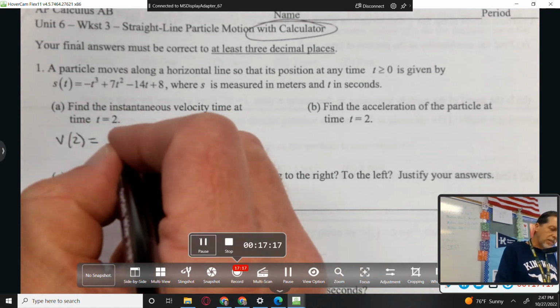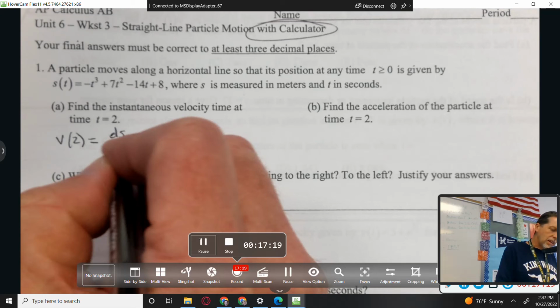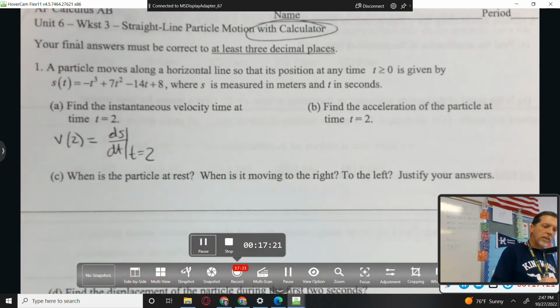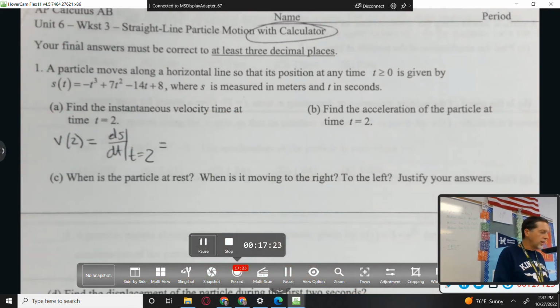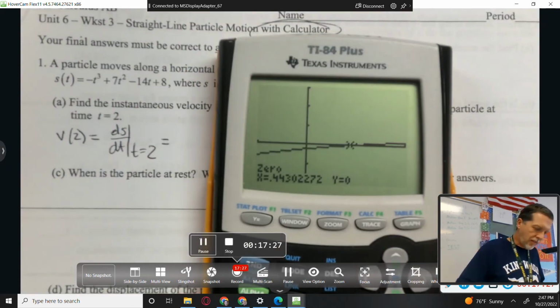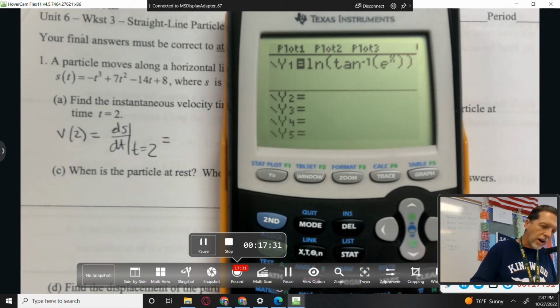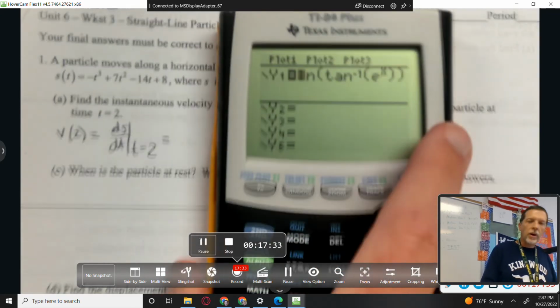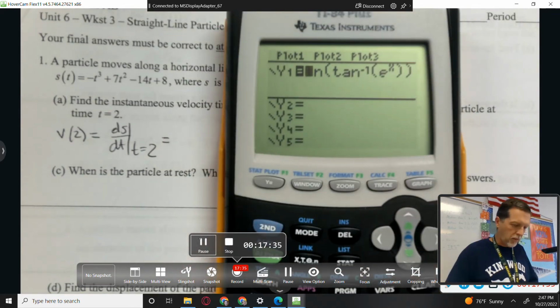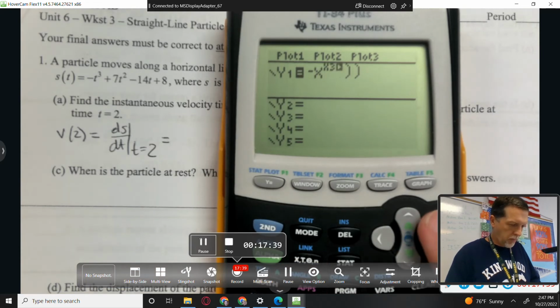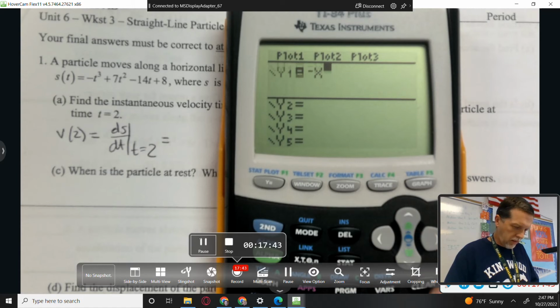So, I'm going to say ds dt at t equals 2. Then I can go to the calculator and go from there. In fact, since there's like 6 parts to this, I'm going to y equals on this one. That way I can use y1 a bunch of times. Negative x cubed.